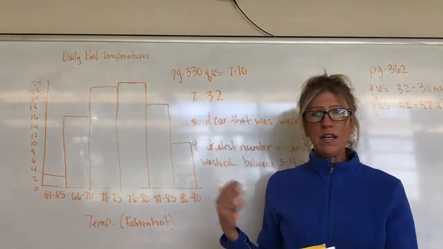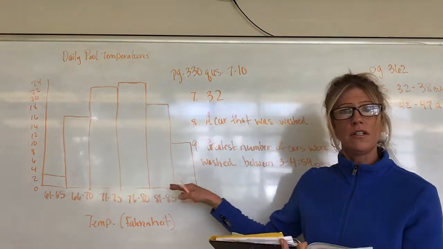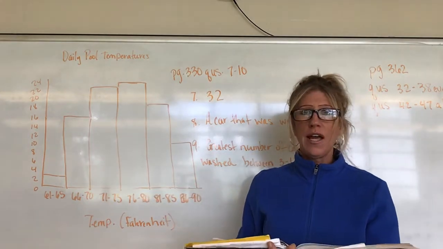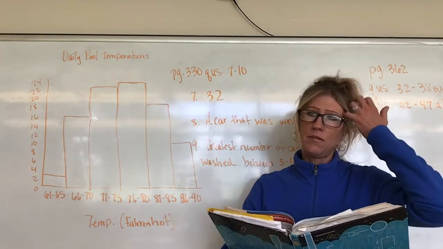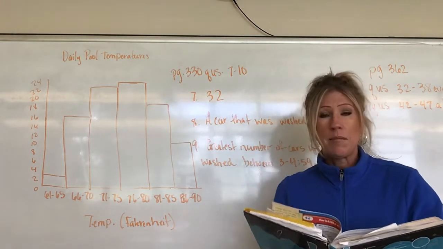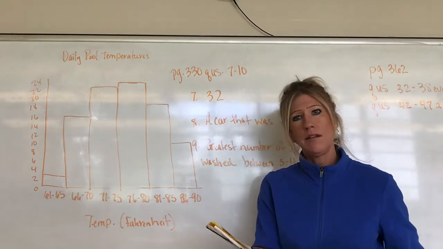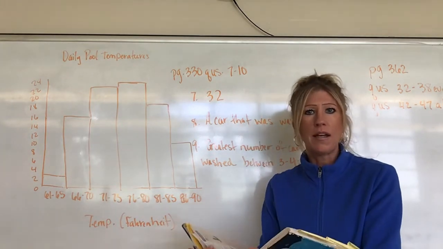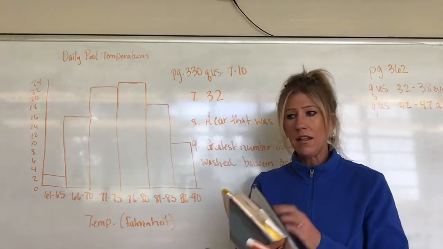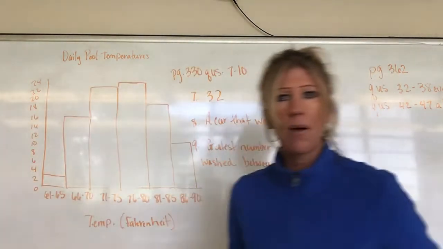You could have picked different numbers for the frequency, so yours might look a little different. You could have counted by 3s, maybe some of you counted by 1s, or 5s. Depending on what you did, your bars might look a little different than mine. I just decided to count by 2s. So that is the wrap up of that page.